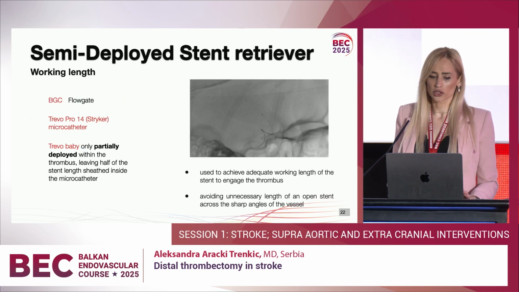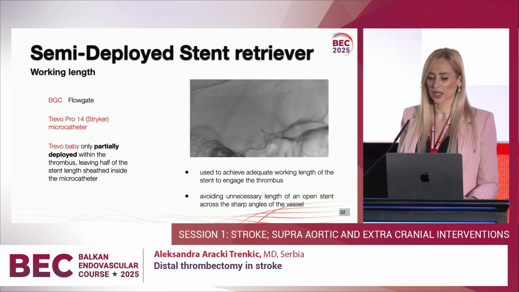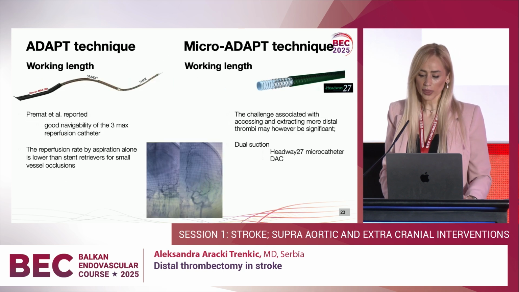Also, I should mention a semi-deployed stent retriever technique, where we use a partially deployed stent retriever just to achieve adequate working length of the stent to engage the thrombus, avoiding unnecessary length of the open stent across the sharp angles of the vessel.